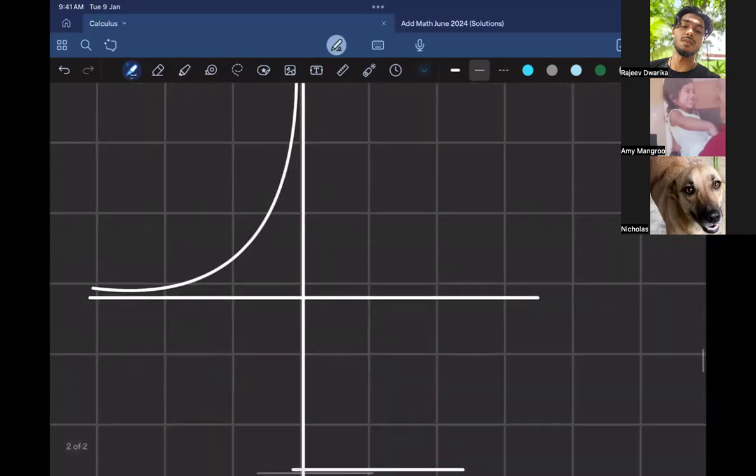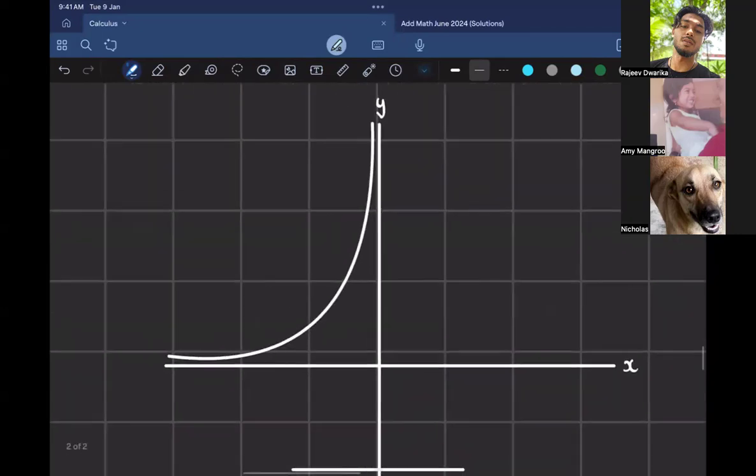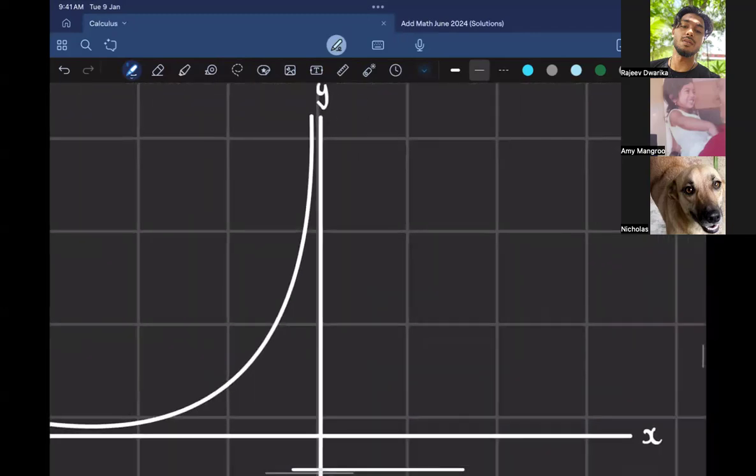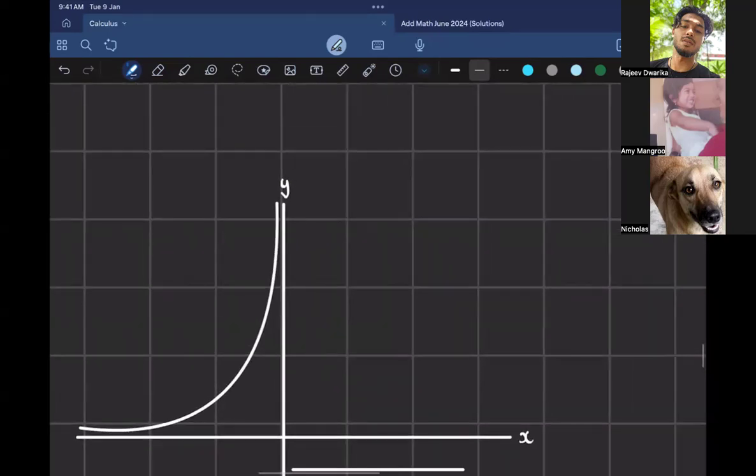So that's the y-axis, that's the x-axis. Now, this function, it looks like it's approaching what? Approaching the y-axis. Do you think that this will ever touch the y-axis? It will never touch the y-axis.